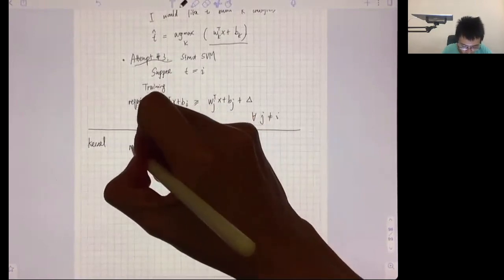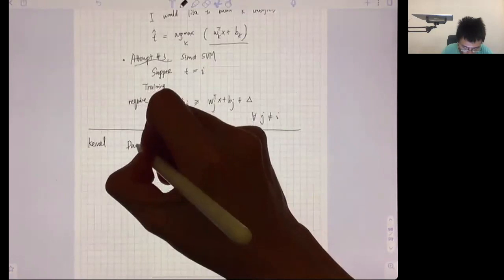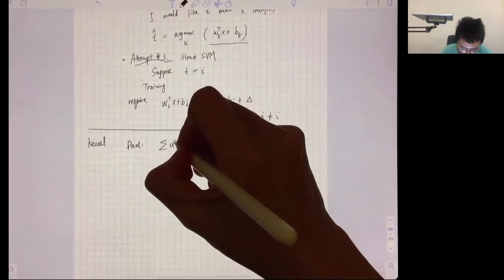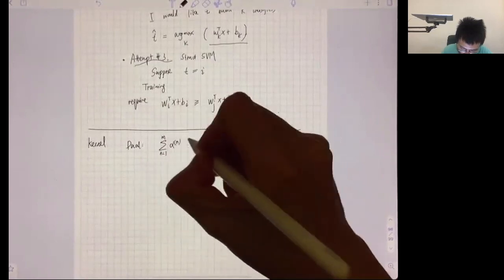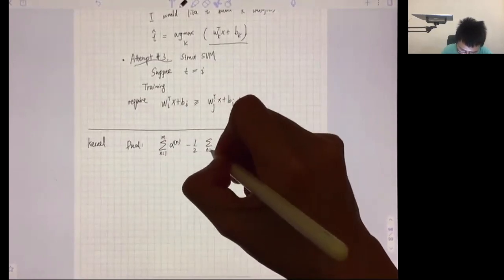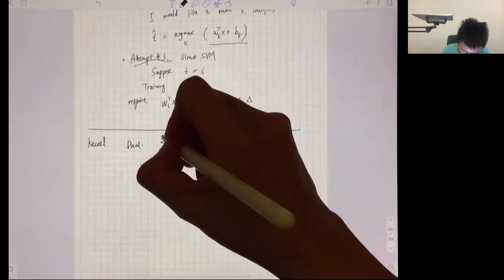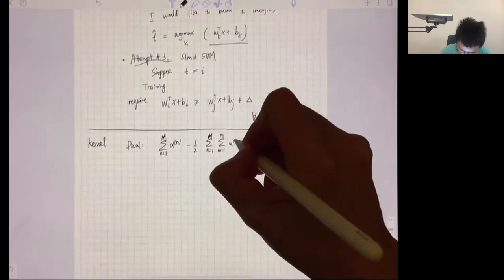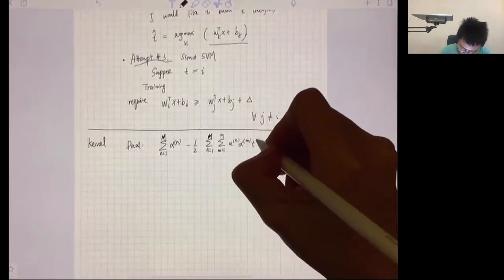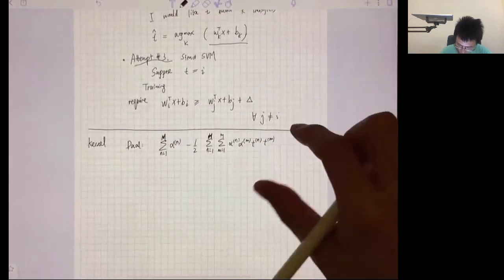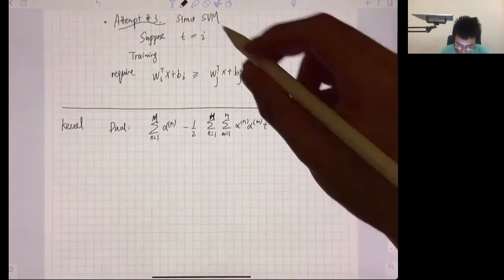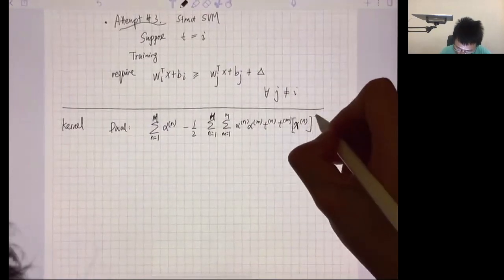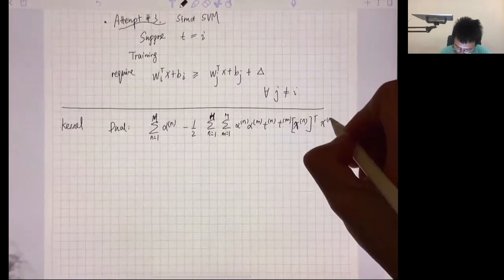So the training, the dual problem of support vector machine, is a summation over all n, and also x_n transpose x_n, okay?